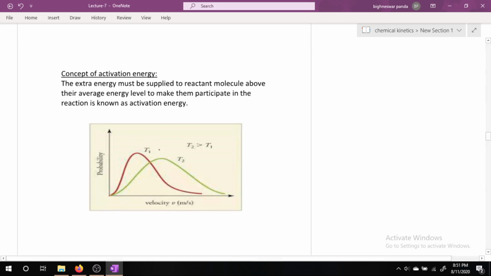If you remember, this curve is the Maxwell distribution curve. Here I can explain why the rate of reaction increases with increasing temperature.